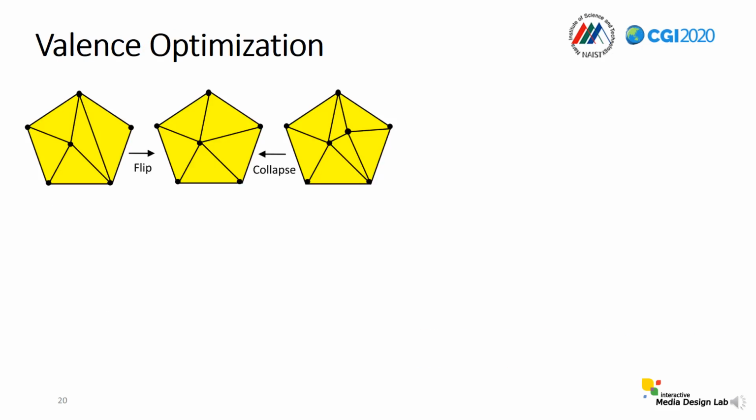Here is an example of edge flip and edge collapse to improve the valence. You can see the valence at the center is 5. It's near to regular. The vertices with valence 4 at the left and at the right are removed with edge flip and edge collapse.